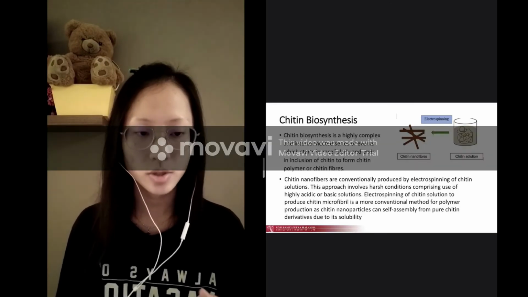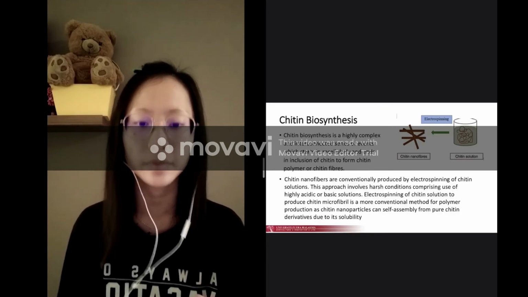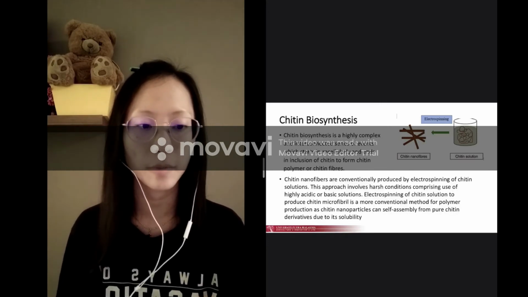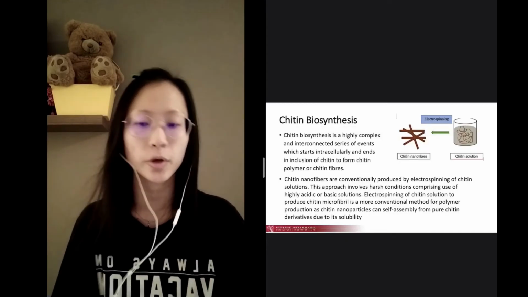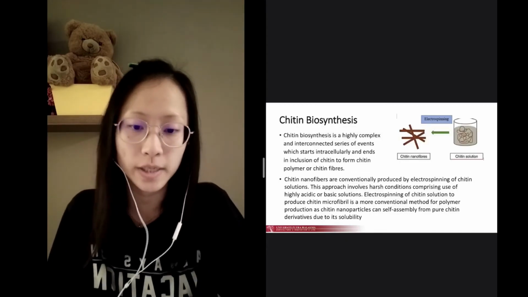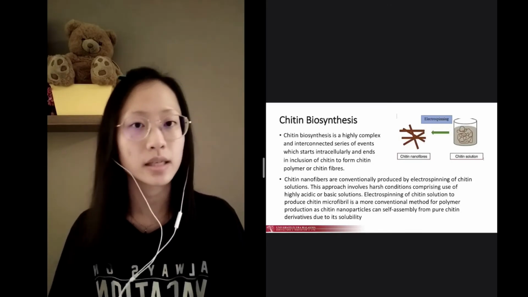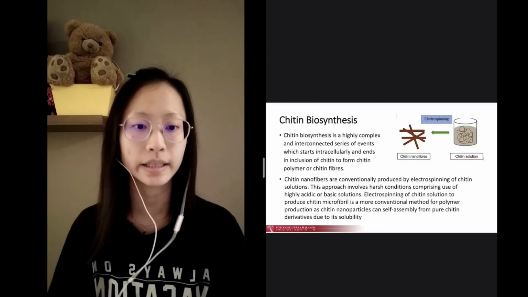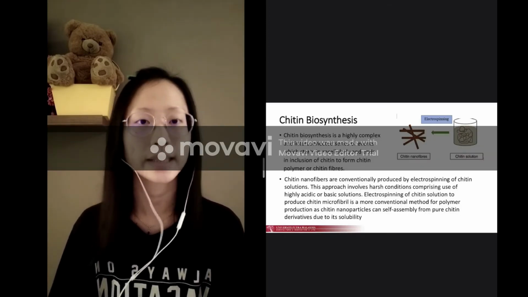Electrospinning of chitin solution to produce chitin microfibril is a more conventional method for polymer production as chitin nanoparticles can self-assemble from pure chitin derivatives due to its solubility. So the diagram on the right depicts the electrospinning of chitin in either acidic solution or basic solution to form chitin nanofibers.